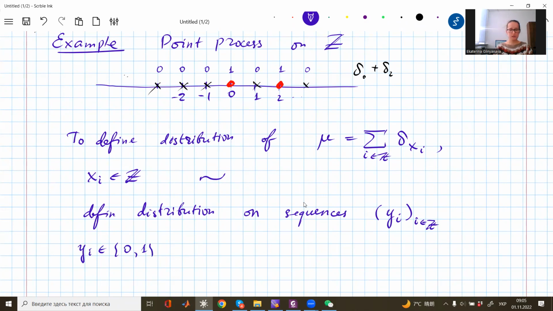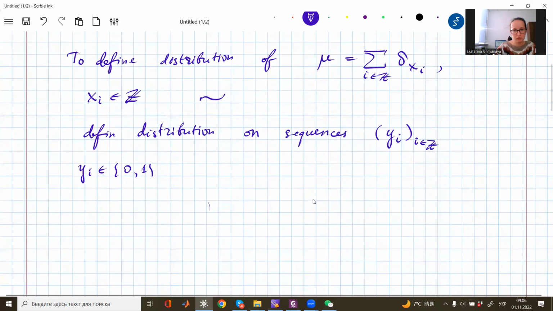And maybe you can recall from the theory of stochastic processes that in order to define the distribution of a process, you need to define its finite dimensional distributions. So I will write such a correspondence.